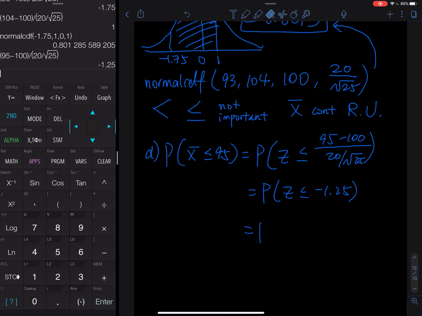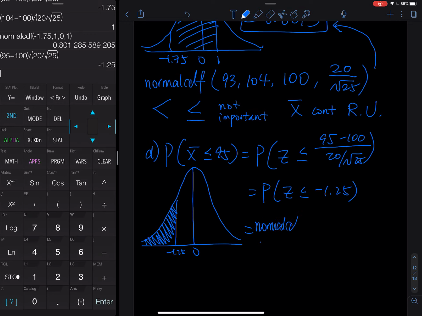And then we get to the calculator command, right? Before we draw that, let's get a picture first. 0, negative 1.25, and then less than or equal to, we have this, and then normal CDF from negative infinity to negative 1.25, the mean is 0, standard deviation is 1.